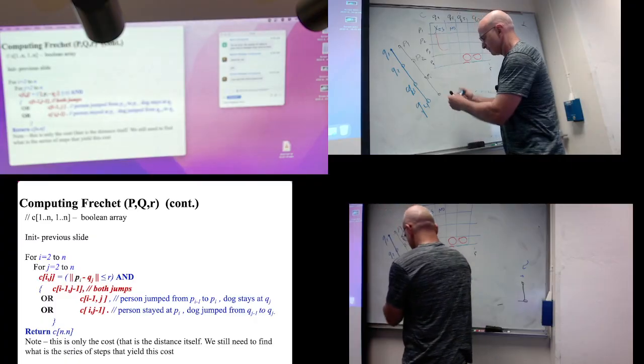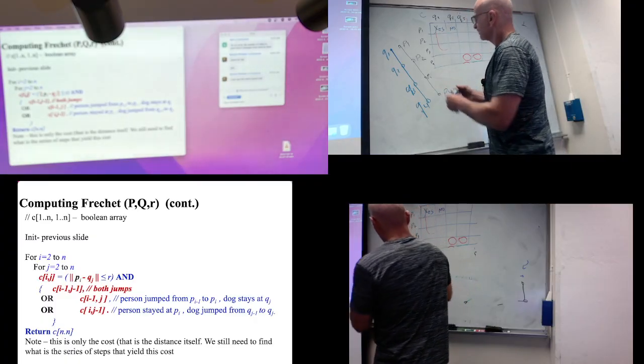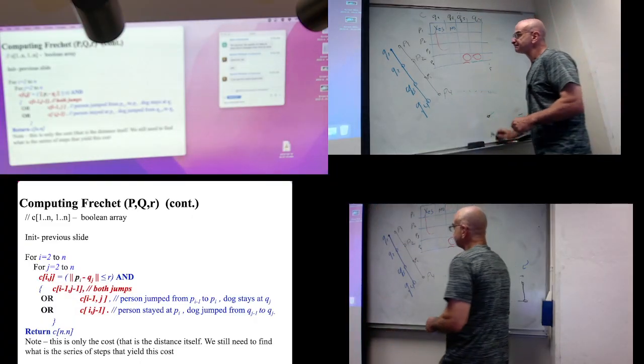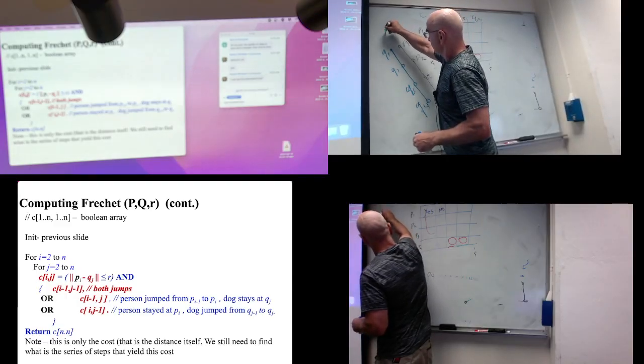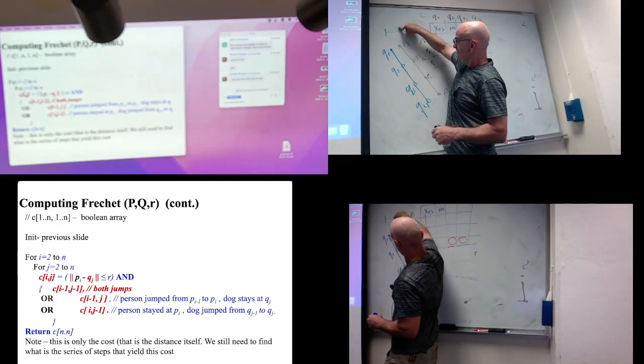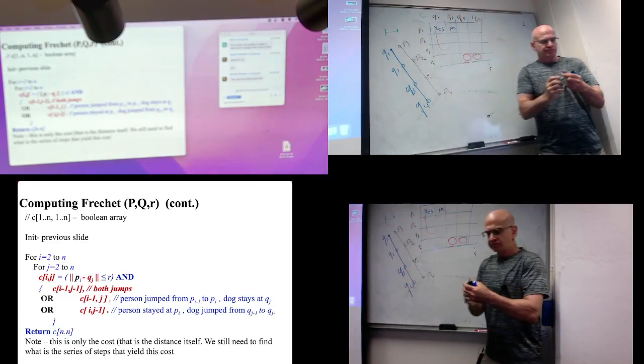That would actually be P4. And my target length of the leash in this example is this length of a leash.